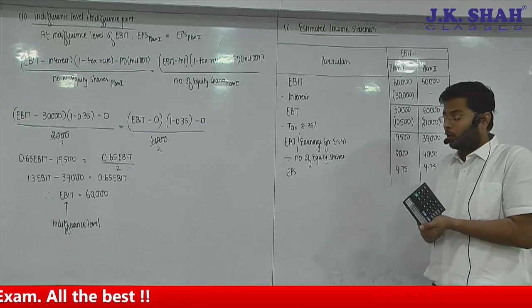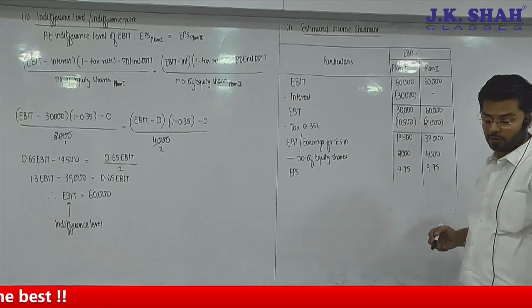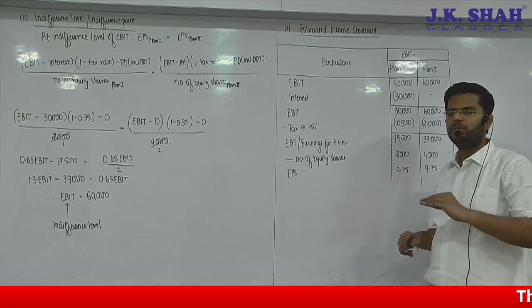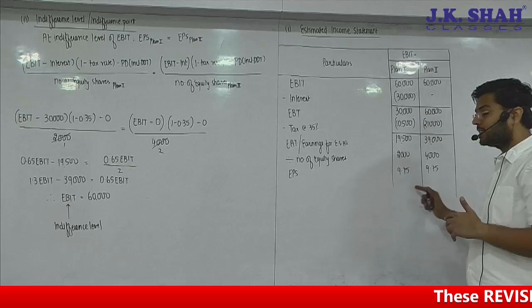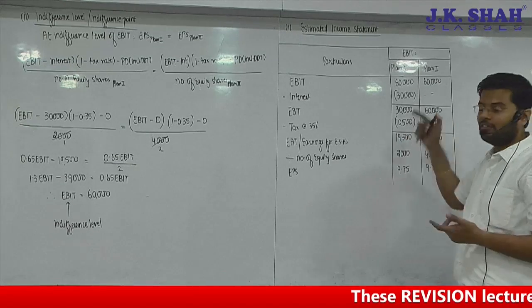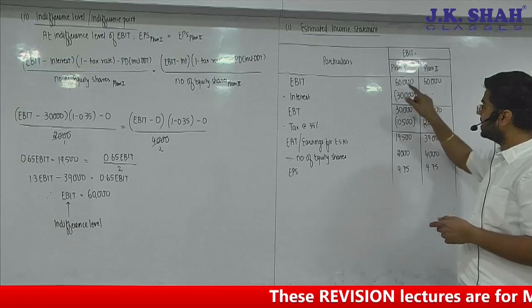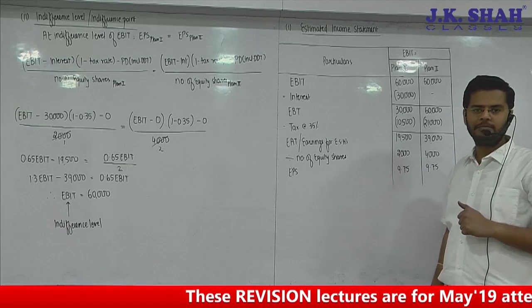So if you notice, we are getting the same EPS, and if I now ask you which plan would you recommend, plan 1 or plan 2, you will simply say, sir, we are indifferent. Why? Because we are getting the same EPS. So what is the indifference level now? This 60,000 is giving me the same EPS. So this 60,000 is technically called the indifference level.